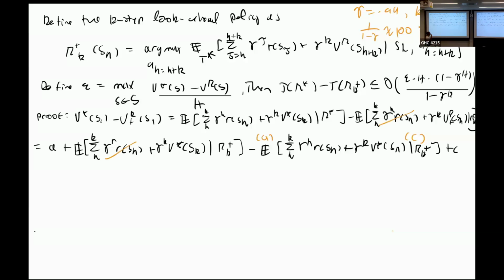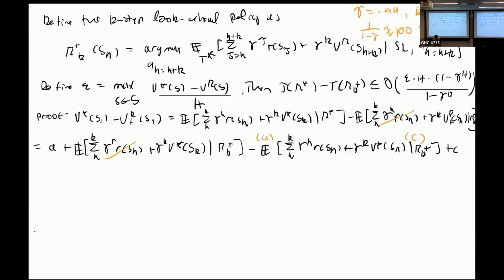Exactly, right? I'm picking the first k actions according to the same policy. So I can break this up into two expectations by linearity of expectation, and then this term and that term are the same, even though the terminal value functions are different. I can remove the first k steps of what we had. If you think about what I'm doing under the hood, I'm effectively doing a k-step version of the proof for the performance difference lemma.